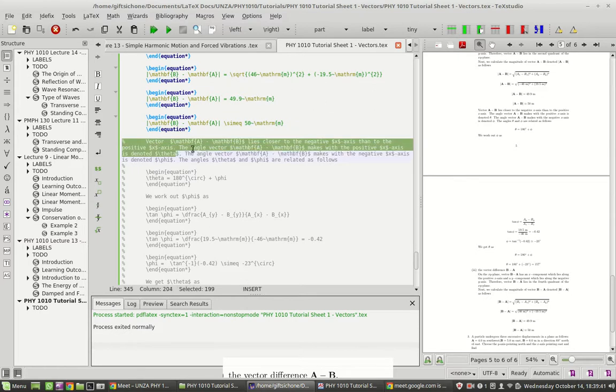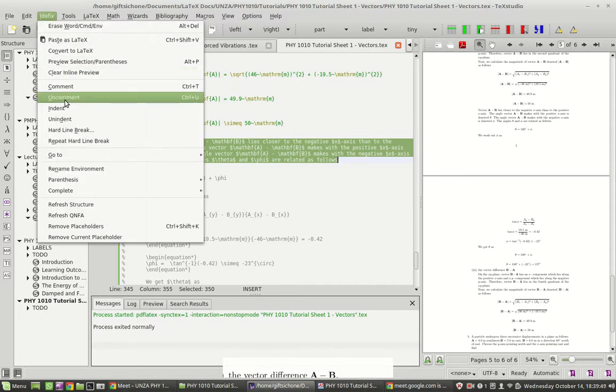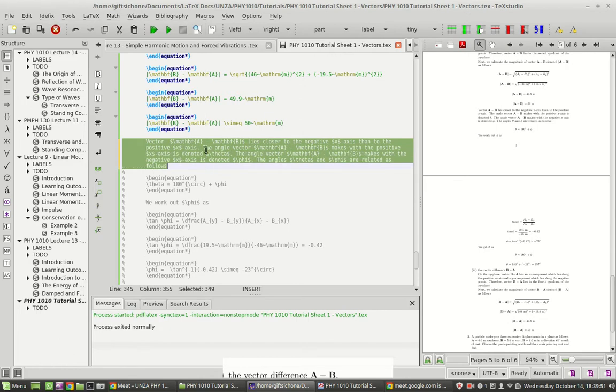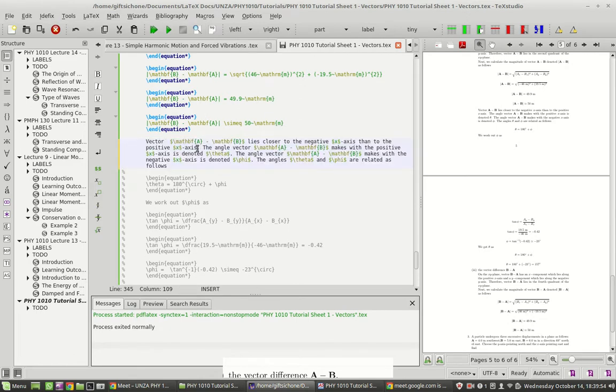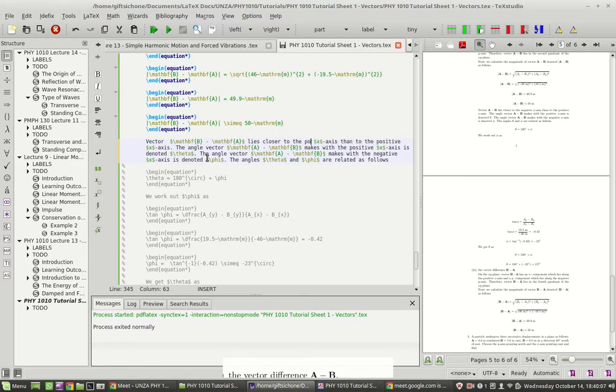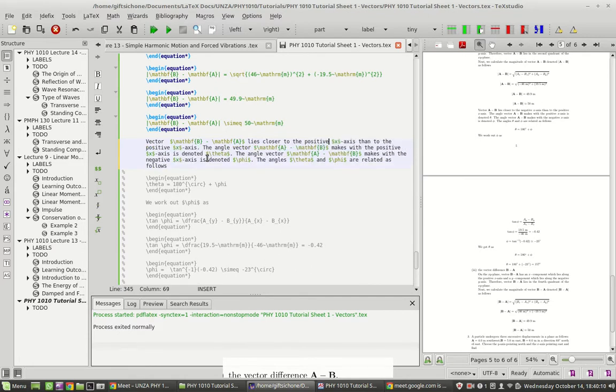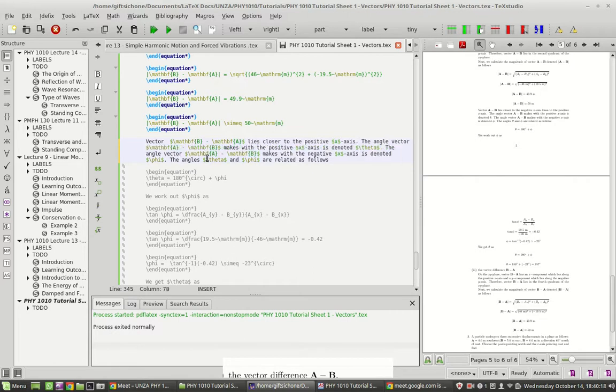Now, this vector is in the fourth quadrant, so we can measure the angle from the positive x-axis to where this vector is, in an anti-clockwise direction. That is what we call theta.